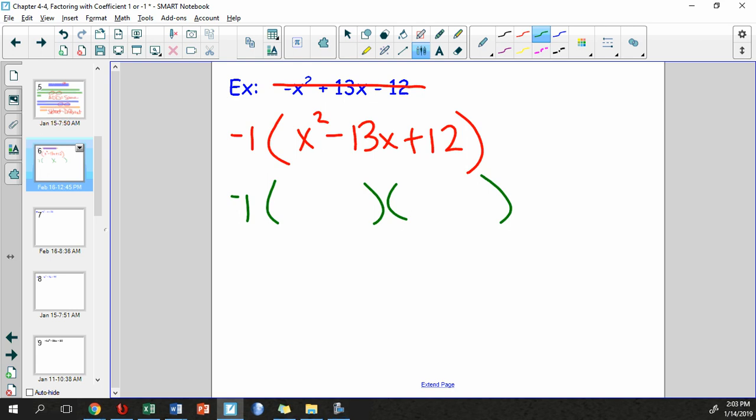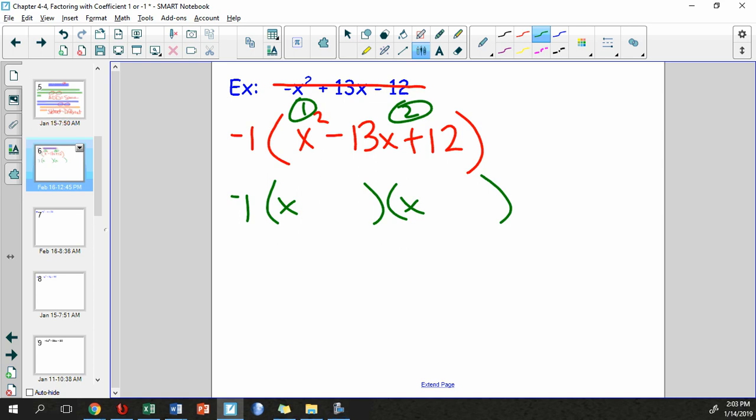So first things first, what do I do? Break down the x squared. How do I break down the x squared? x and x. Step 2, what do I do? I need to look at the last sign, which is a positive.